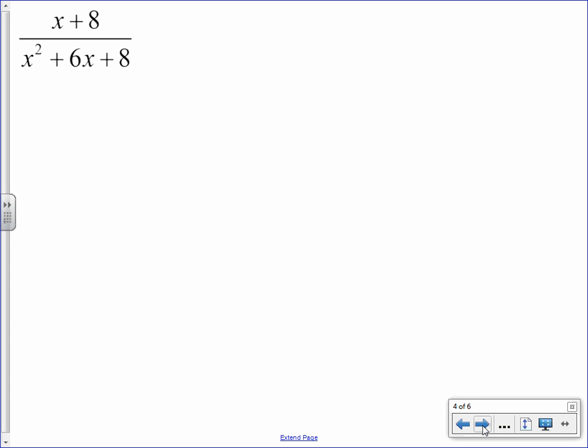Okay. First step, we're going to write this as x plus 8 over x plus 4 times x plus 2. So we have how many factors in the denominator?